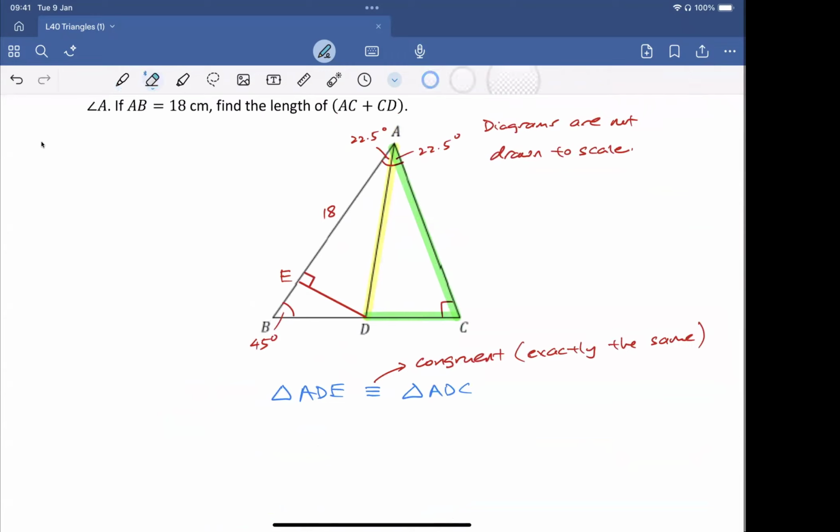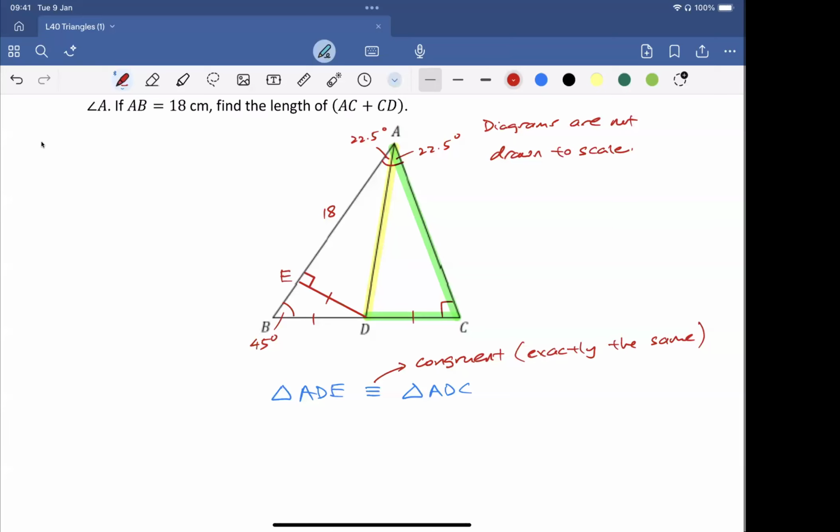I'm just going to remove that line so that I can label. This and this have the same length because the angle bisector cut it in half. So this and this have the same length. This and this is also the same length. Why? Because the two triangles are exactly the same. So this length and this length must be exactly the same as well. Okay?